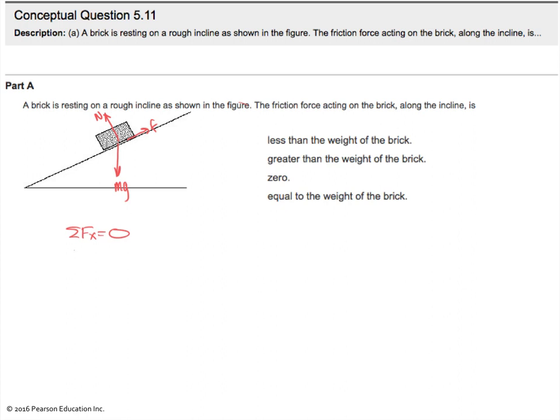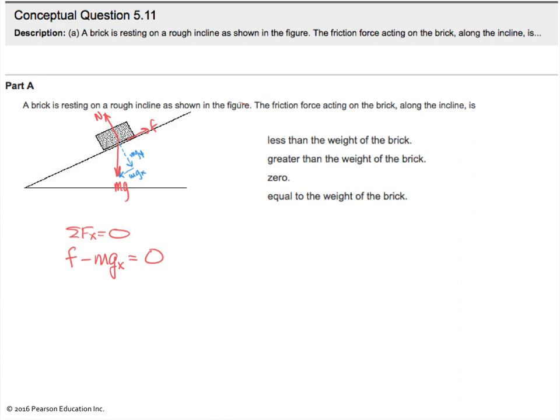We definitely have the friction acting up the incline, but we also have the x component of the weight acting down the incline, because we would break this down into a y component and an x component. And that x component is what we're looking for.